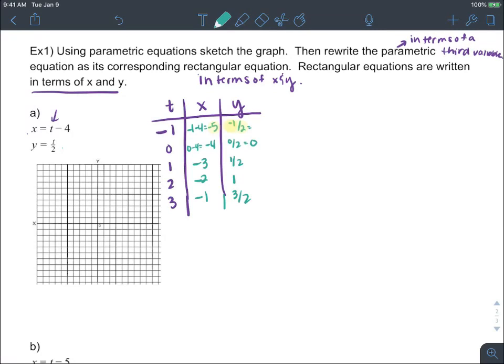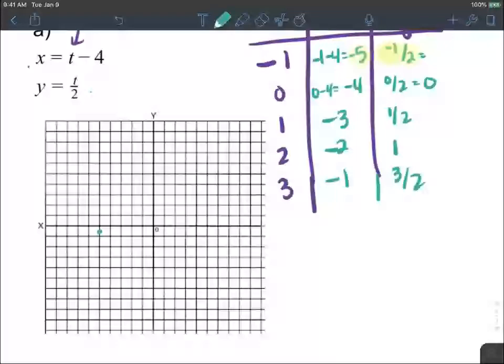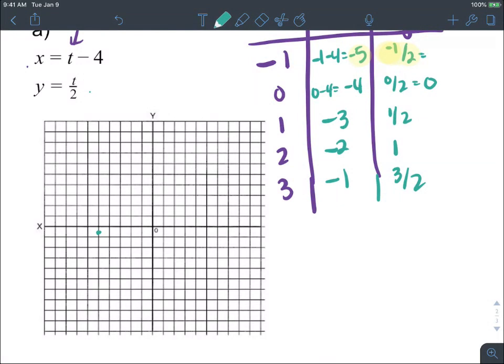Okay, so 1, 2, 3, 4, 5, -1/2. I'm going to zoom. Okay, and then we go to -4, 0, -3, 1/2, -2, 1. This looks like a linear graph. Okay. And then I go ahead and connect them.